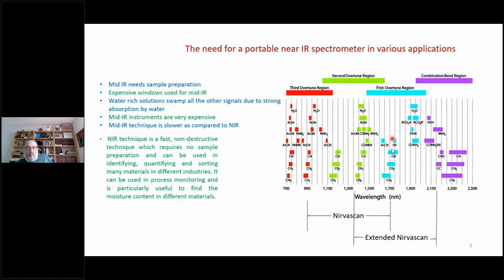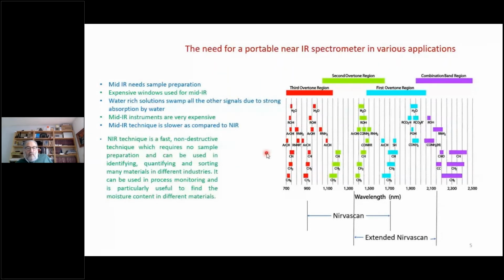Also, some other ones like SH for sulfur that doesn't exist in the second overtone region. So the signal strength is larger for the extended, but the extended instrument is more expensive also because of the choice of the detector and some cooling that may be required.